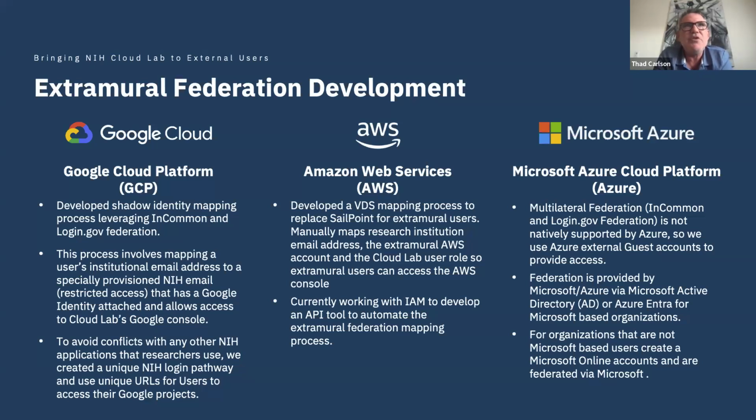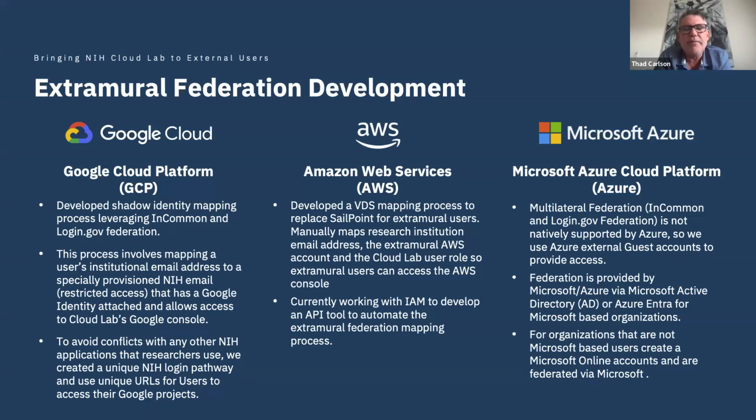And that internal NIH email has a Google identity mapped to it. They use that to get access to the Google console and get access to all the services available on Google Cloud. It took a lot of technical work to make that happen. There are a couple other key points, and I'll have the mapping of that, so we'll go into that a little bit more. But that was a significant technical challenge.